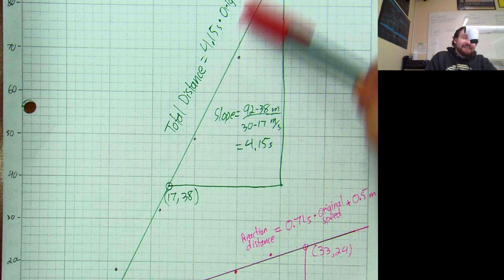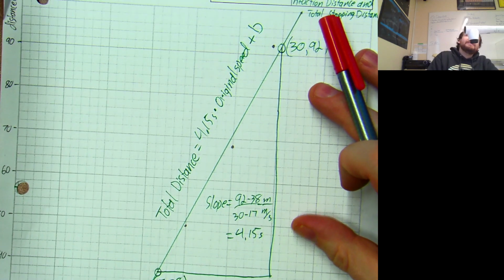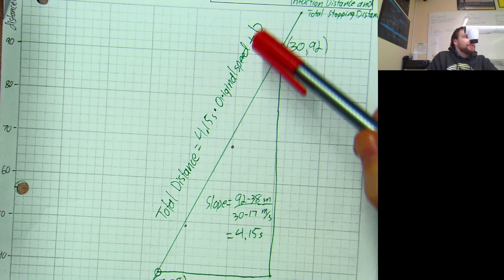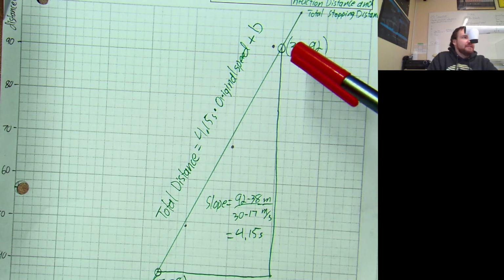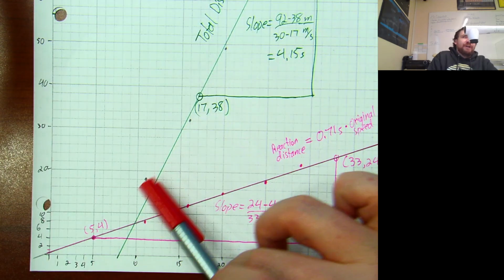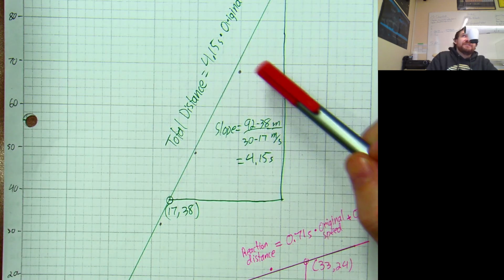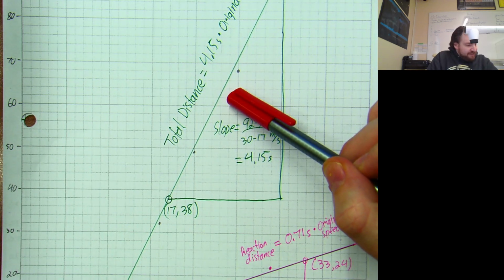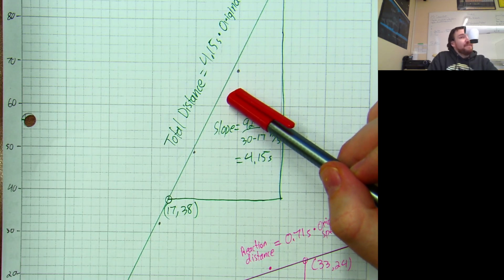And that's because the y-intercept piece here doesn't make a lot of sense. 0, 0 is not a point I would include on the total distance, because the total distance is made up of some weird pieces. It's made up of a reaction distance and a braking distance.